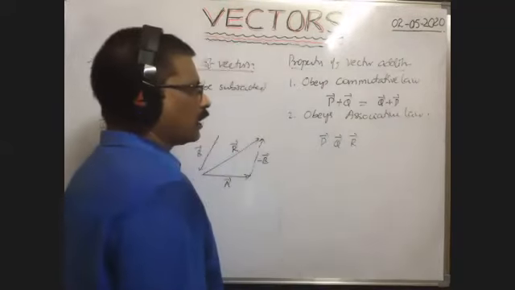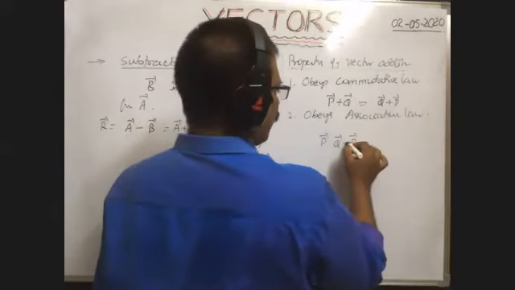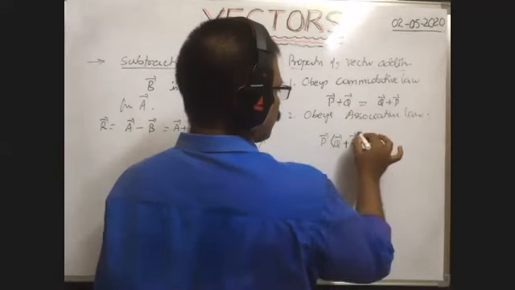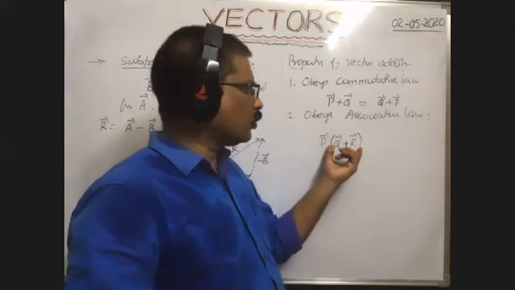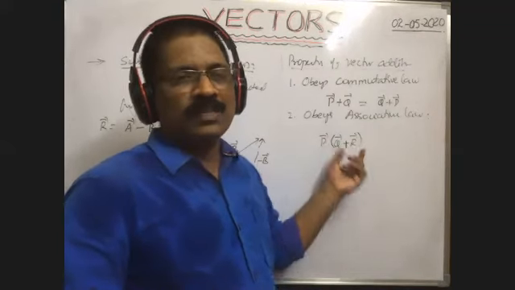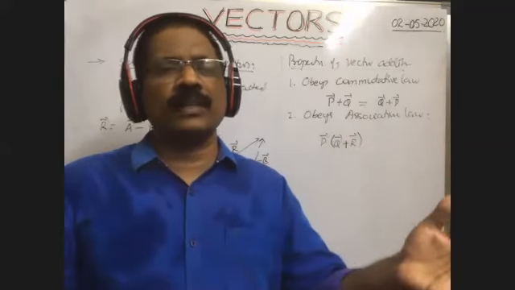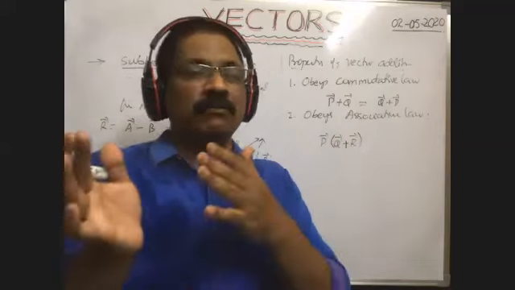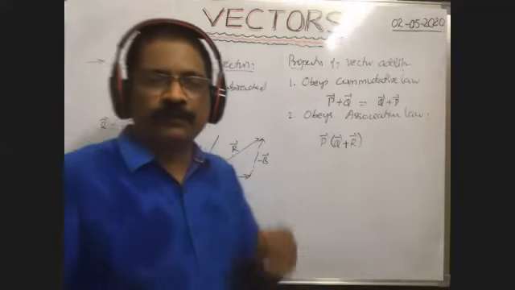First you add vector R bar to Q bar. Then this Q bar plus R bar is called the resultant of Q bar and R bar. Suppose you are given two vectors in vector form. What is the resultant of those two vectors? Simply you take the vector sum of those two vectors. That gives the resultant of those two vectors.